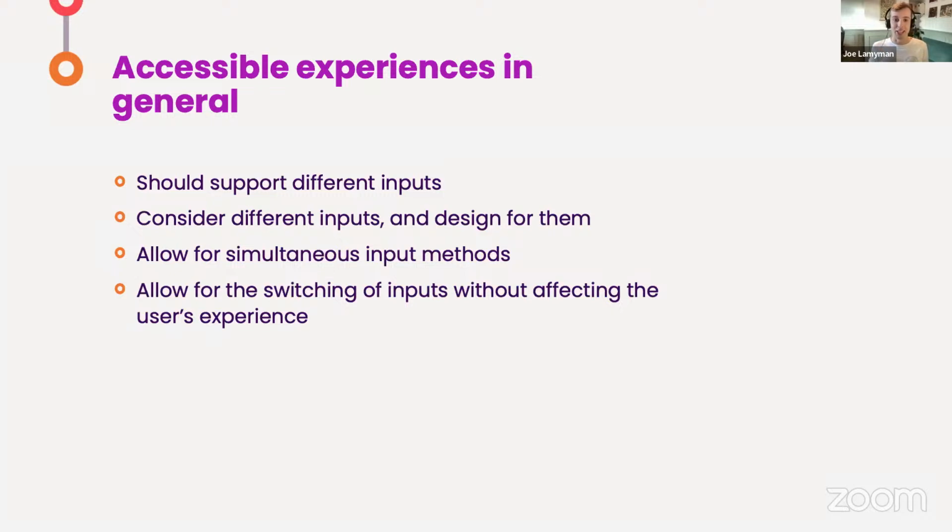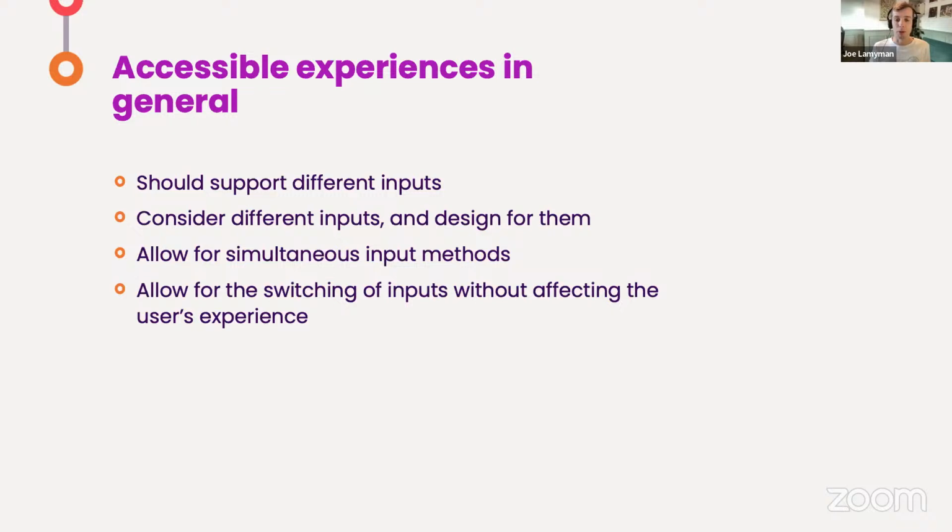And specifically in doing this, make sure that you design for the different inputs as well. So don't include an instruction in your experience that says wave using the motion controls if somebody's going to be using an adaptive controller. It sounds simple and straightforward, but it's just making sure that we consider how people are going to be using the experience and design for them appropriately.